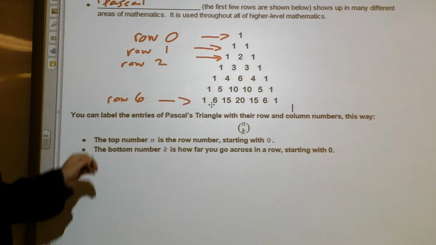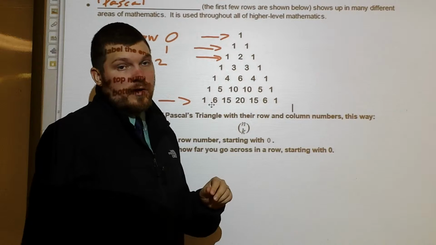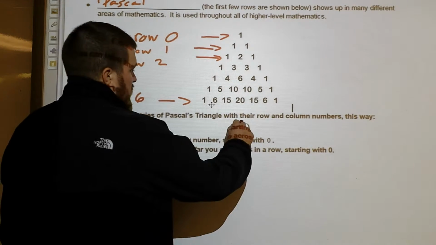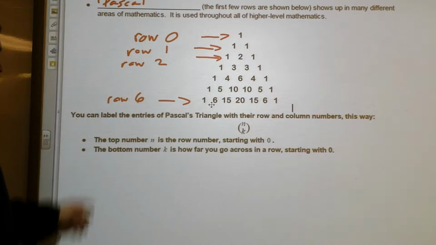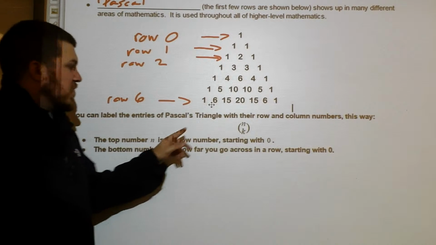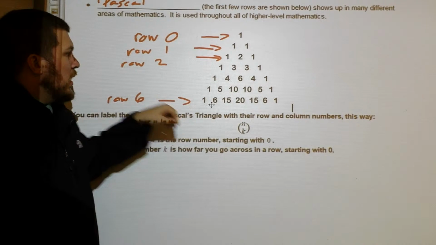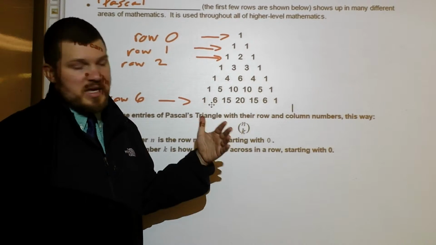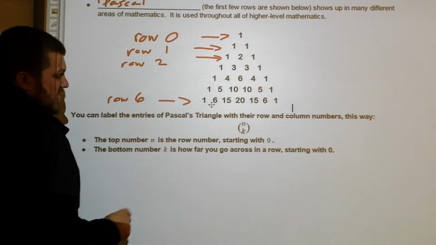So you can label Pascal's triangle with their row and column numbers. So far we just talked about the row numbers. Here we have two variables sitting on top of each other inside parentheses. The top number n is the row number starting with 0, working its way all the way down to however far you need to go. The value k is how far inside the row you go.